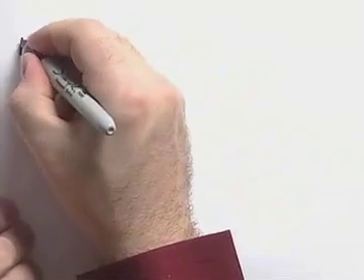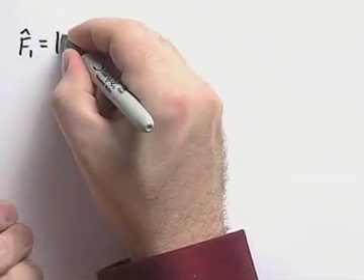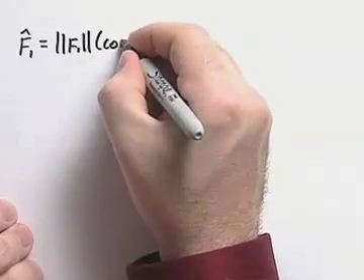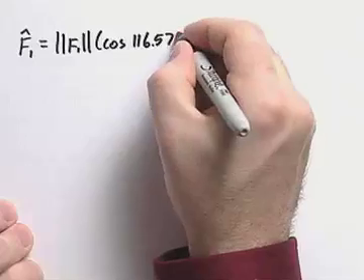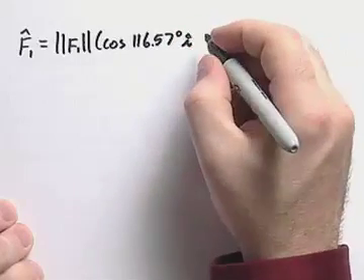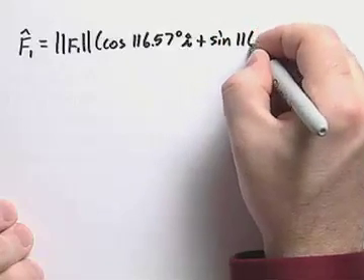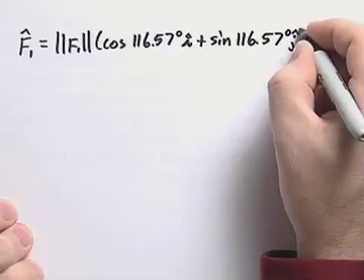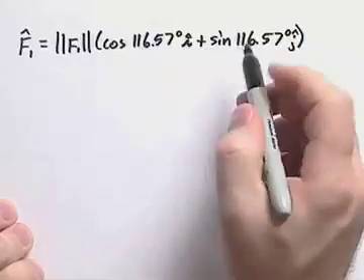So we're going to get that force 1 is equal to the magnitude of force 1 times the cosine of 116.57 degrees with the unit vector i, plus the sine of 116.57 degrees times the unit vector j. So we have our horizontal and vertical component.